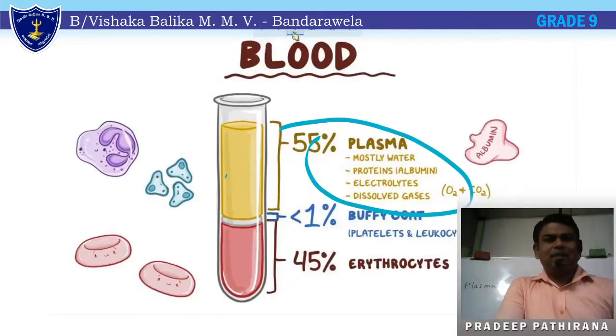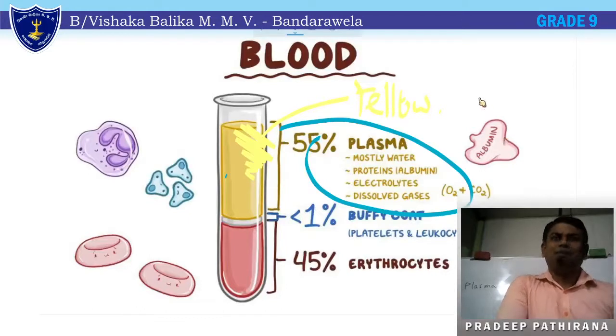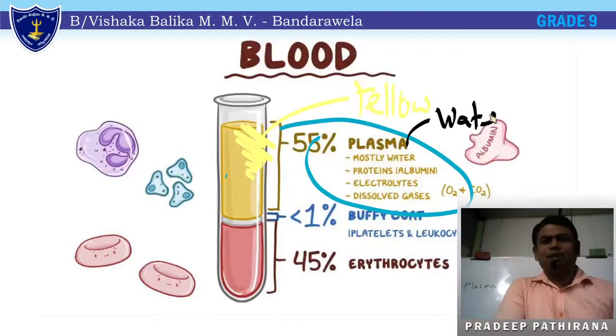Blood plasma is a pale yellow or light yellow colored component, as you can see here. And the blood plasma has many functions. Number one, its highest percentage is water, therefore it can transport a lot of solubles.